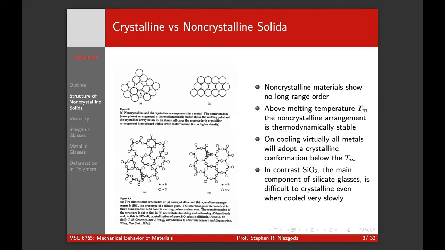It's just when you go far away and look at the spatial relationships on a longer scale, they don't match up very well. So you have amorphous, no long-range order, but locally your structure looks a lot like it does in the crystal. So just keep that in mind.